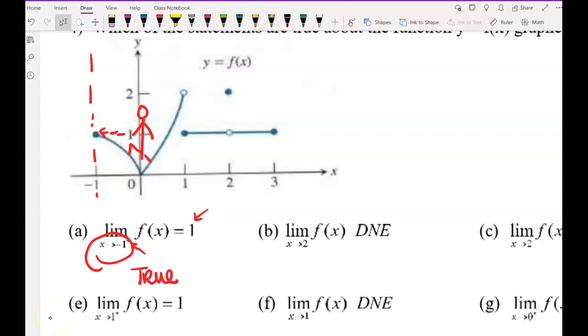B, find the limit of f of x as x approaches 2. Is it DNE? Now, DNE means does not exist. So if you're not listening, then I know that you are not listening when you ask me what DNE is. So true or false? The limit as x approaches 2 of f of x does not exist.